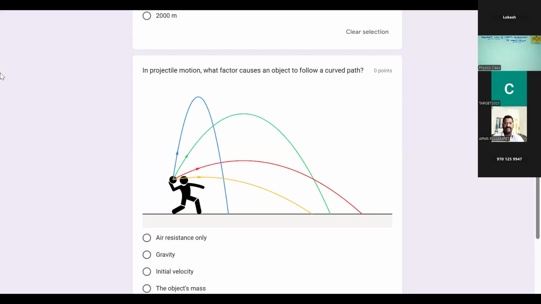Yes, good. Option 3, U cos. What is the meaning of U cos theta? Okay.